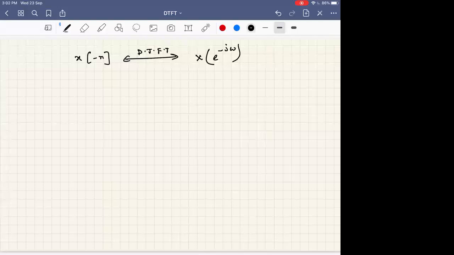So what is x star of n? Discrete time Fourier transform. Please note that all through, x of n is a complex signal.